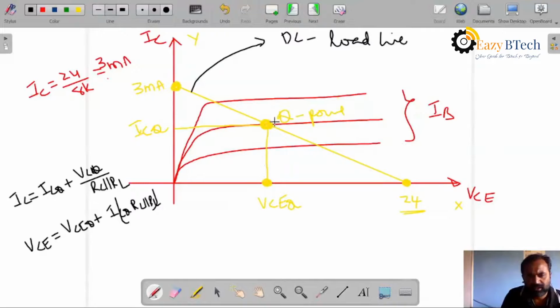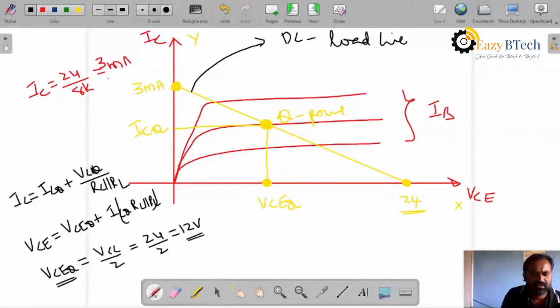Now exactly from the center, what we will get? VCEQ is equal to VCC by 2. That we will get as 24 by 2. We will get 12 volts. And ICQ, in a similar manner, is 3 milliampere by 2.